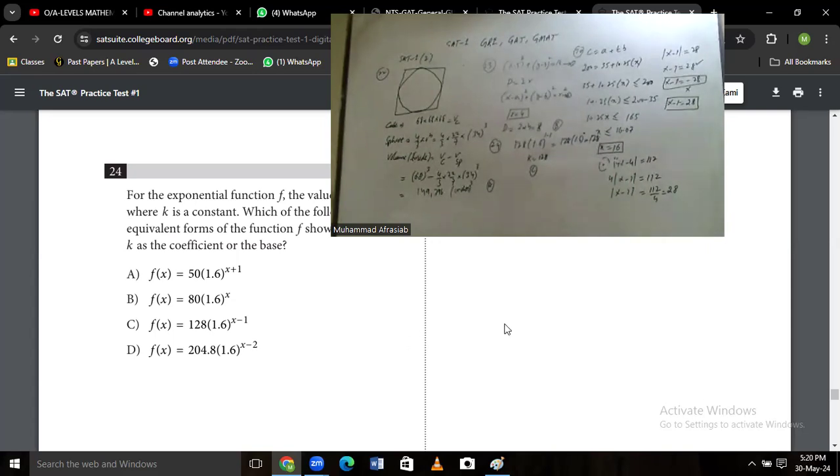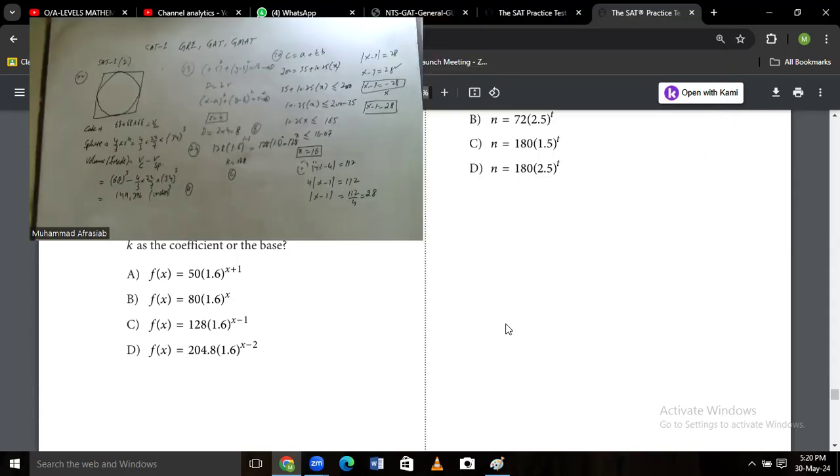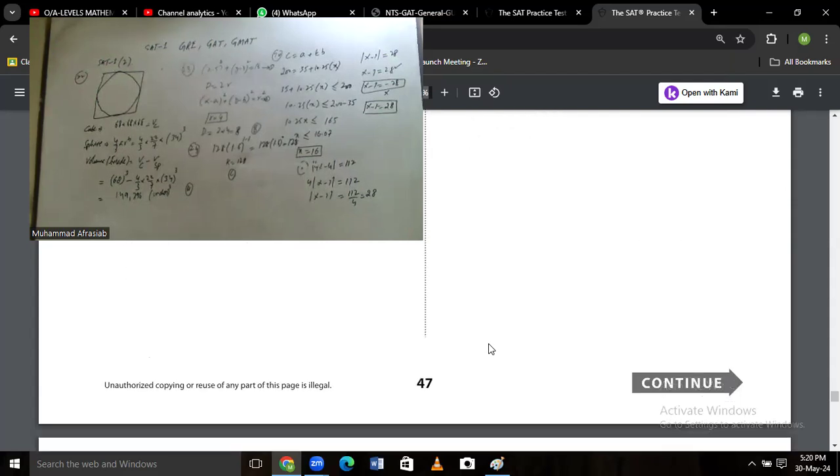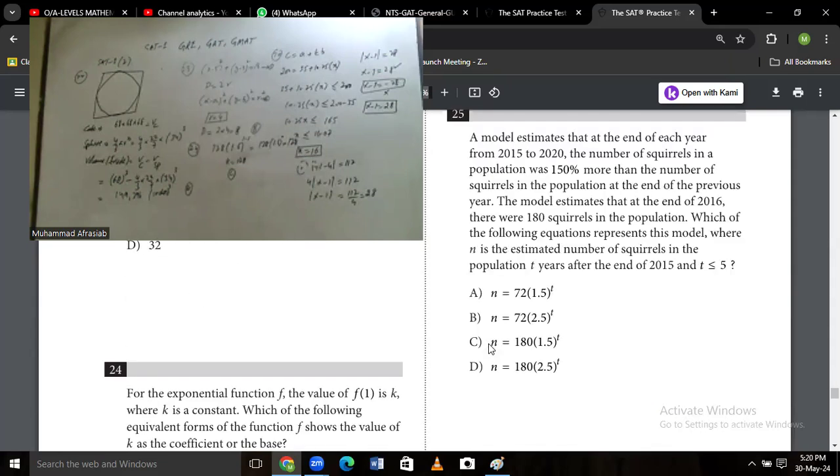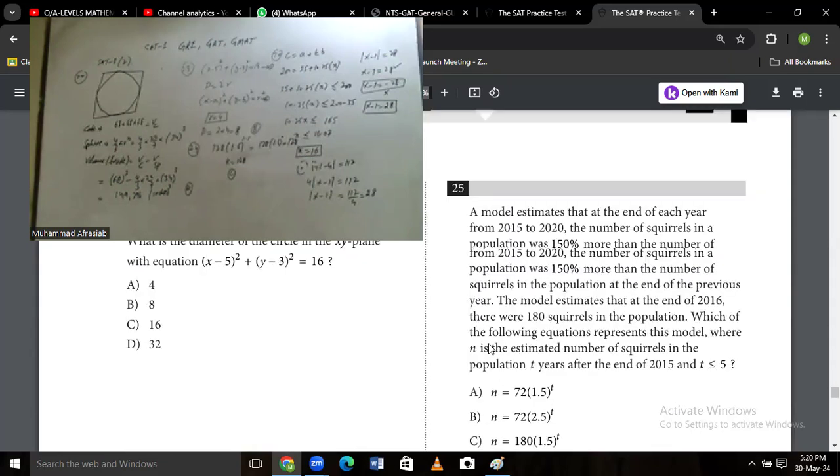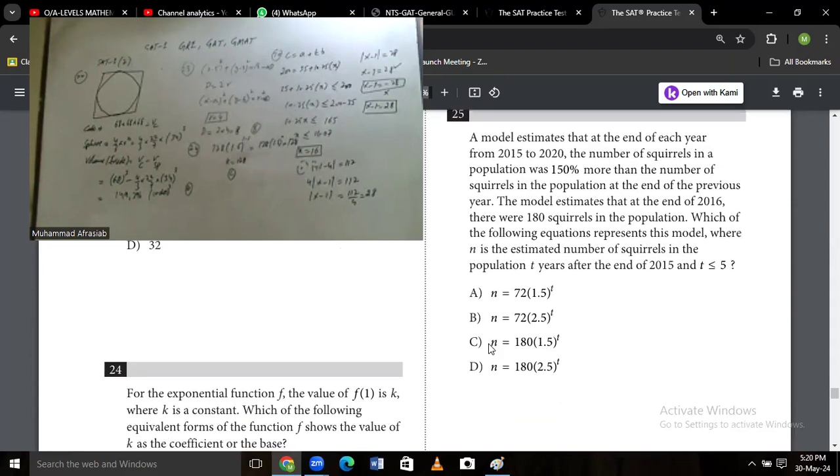Then we are finding the question number 25. A model estimated that at the end of each year from 2015 to 2020, the number of squirrels in the population was 150% more than the number of squirrels in the population at the end of each previous year.